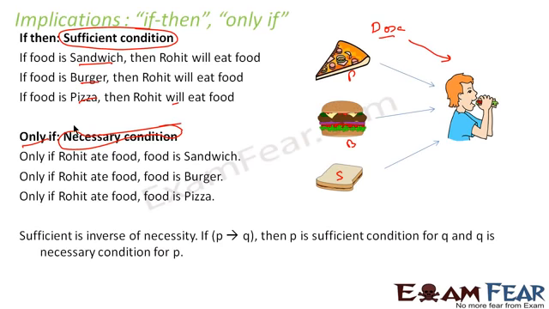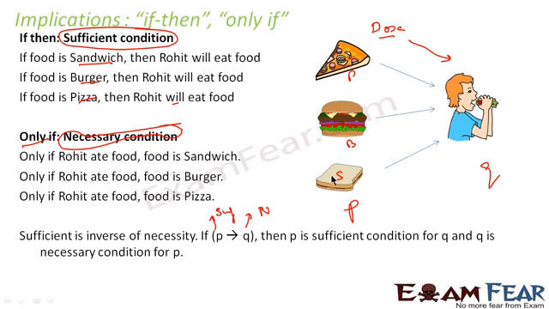Also we see that sufficient is the inverse of necessary. For example, if we say P implies Q, that is if P then Q, then we say P is a sufficient condition, but Q is a necessary condition. Here, the whole thing here is P and this thing is Q. So if you see, all these are sufficient conditions.